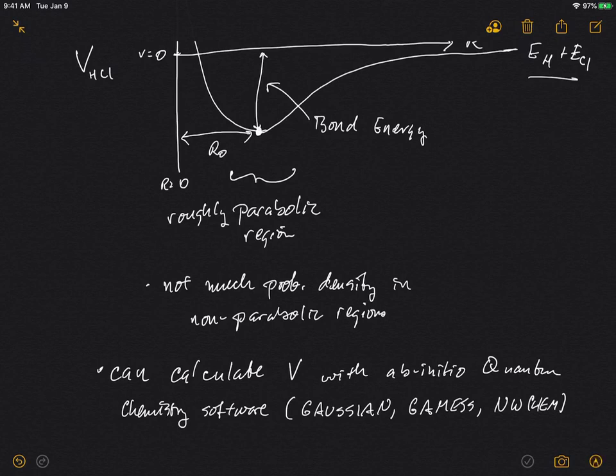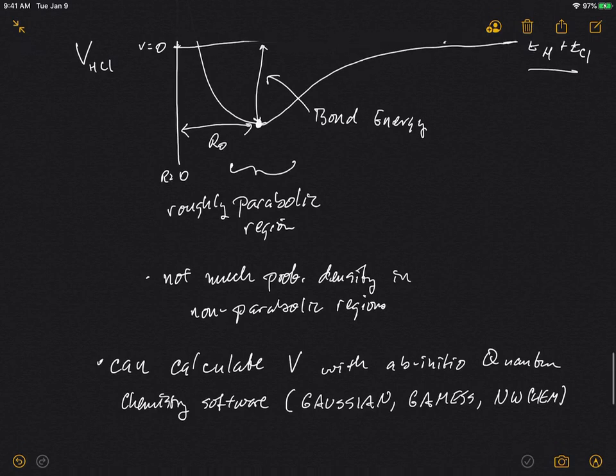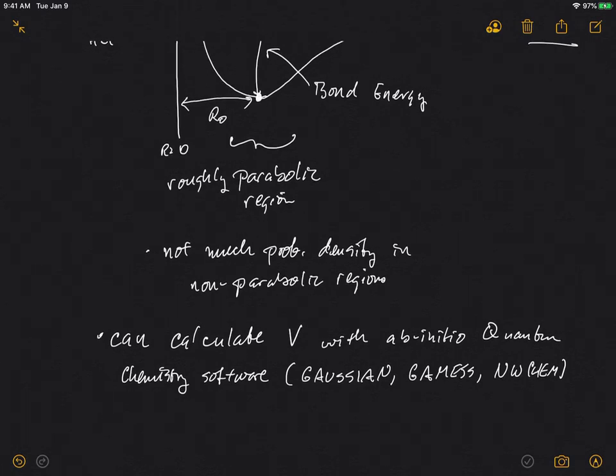Gaussian and NWChem, and I think maybe some others like VASP, are up on the Palmetto cluster, and you can use them to calculate these kinds of potential energy curves and make a lot of predictions about molecules using quantum mechanics. In the PChem lab course, we often use GAMESS.